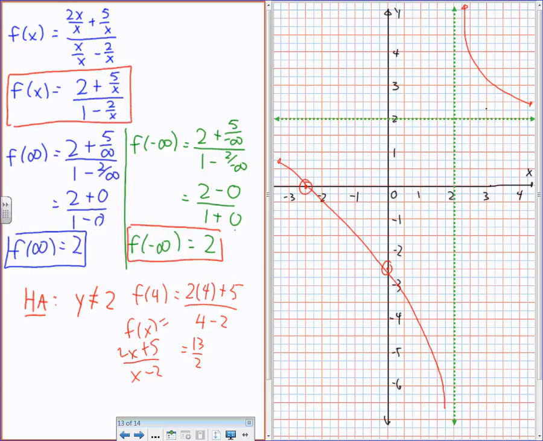Another way of thinking of it is as x gets really, really close to 2 from this direction, this number is going to be really close to 2, a little bit greater, with a bunch of decimal places.